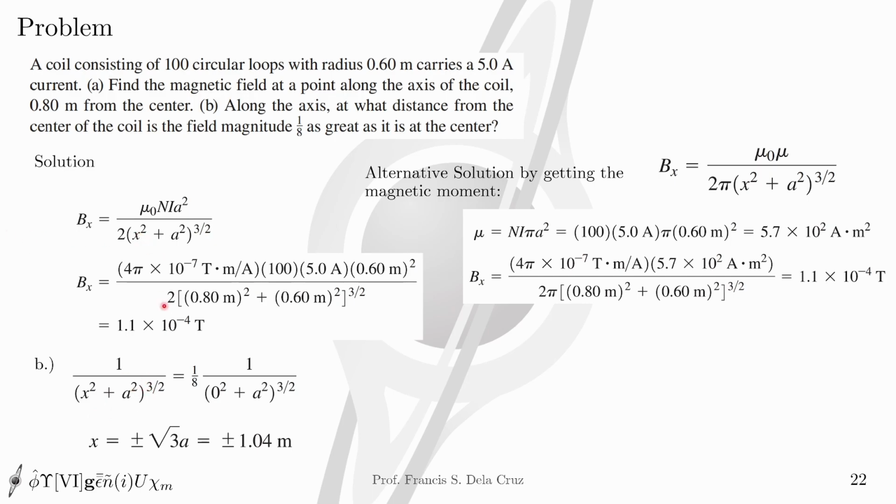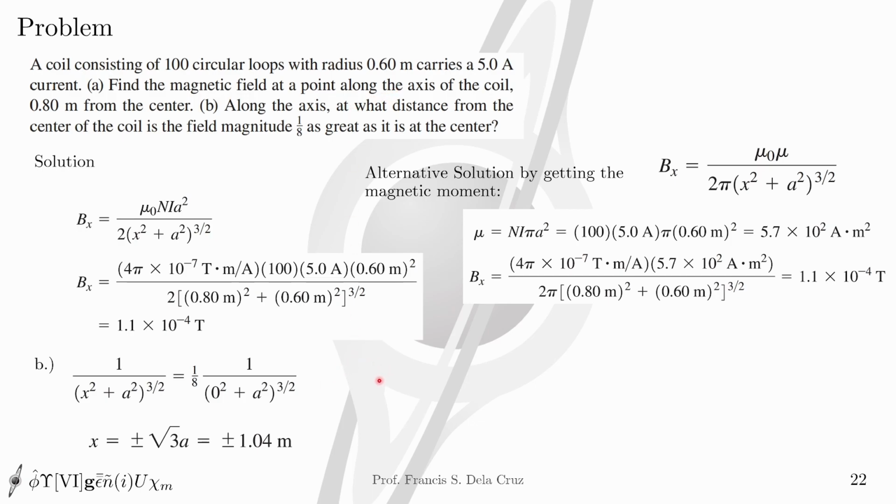And then you will take the cube root of both sides, and you will find that the answer is plus or minus 1.04 meters. Where a is 0.60, which is the radius of the coil.